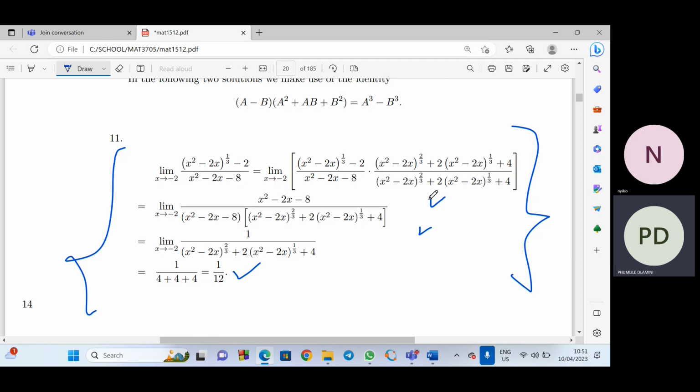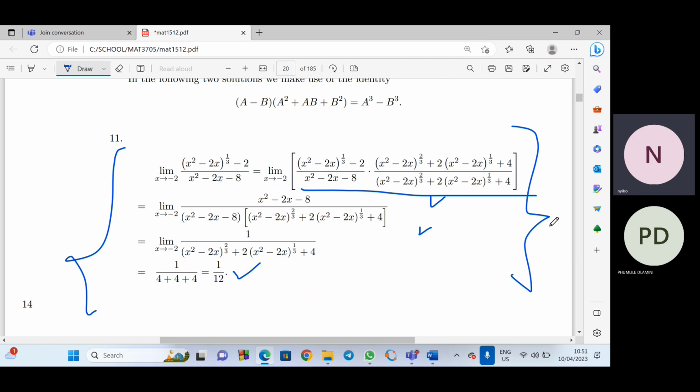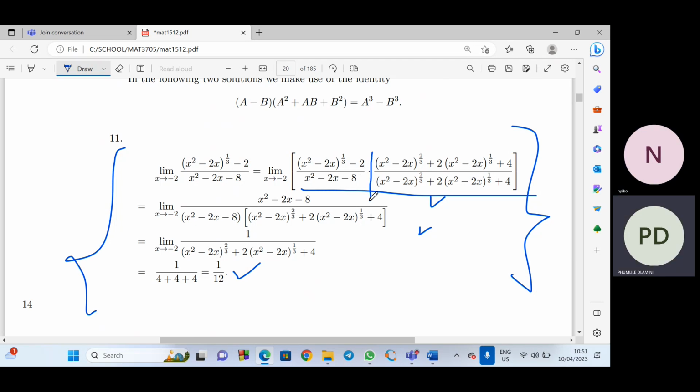So if you check, do you see this method is confusing? Because you don't even know where this comes from. It's not getting clear. They divided by this one, this thing divided by this one, we all know that equals 1, right? Which is still the same as this. But where exactly did they get this?